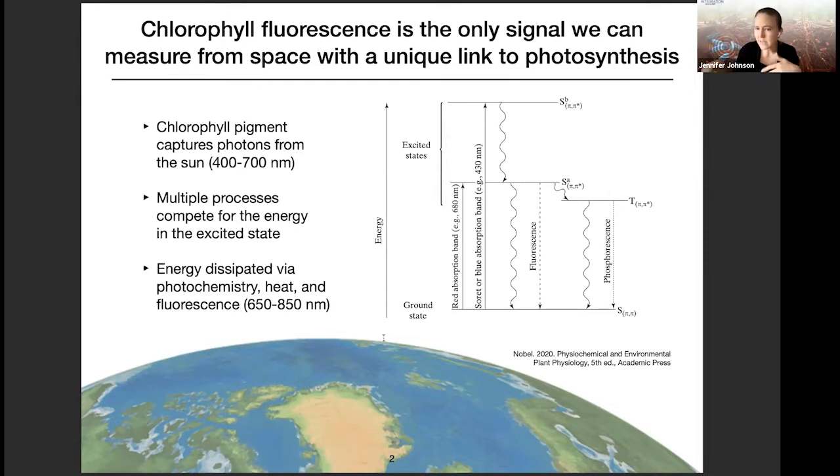The excited state can then relax through different pathways. One of them is that the absorbed energy can be used to drive photochemistry. It can also be dissipated as heat, or it can be re-emitted as fluorescence.